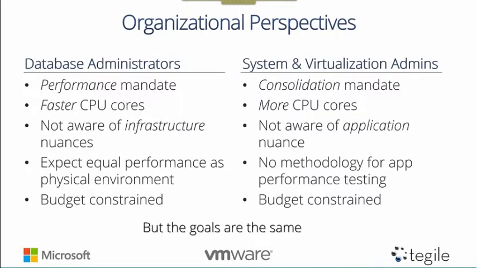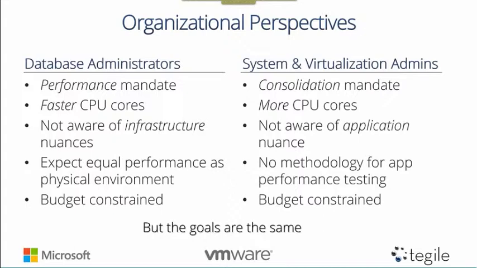Now, from an organizational perspective, from a DBA perspective, we have a number of priorities that we know we have to achieve. They're dictated to us from management. We know as DBA professionals we have to do those no matter what. Now, the systems and virtualization groups, they have their own mandates. For us, the number one thing that we are really driven to do is make sure that this data is available. A very close second is make sure it performs well. Now, the system teams, performance is not necessarily their top concern.